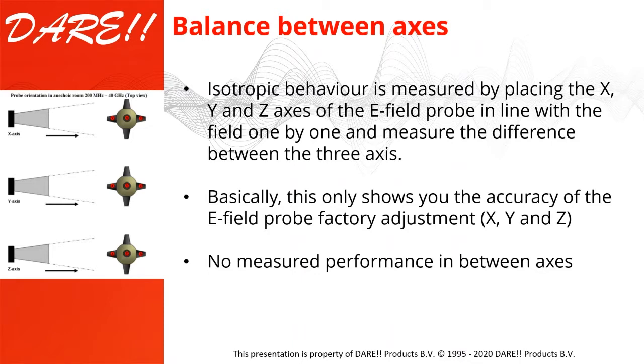The difference between these three positions is a number for the anisotropy, actually the imbalance between the axes. This gives some indication of the isotropic performance of the probe, but it's not really the isotropic response, because you're only measuring at the three, let's say, ideal positions, with one of the elements exactly in line with the field.